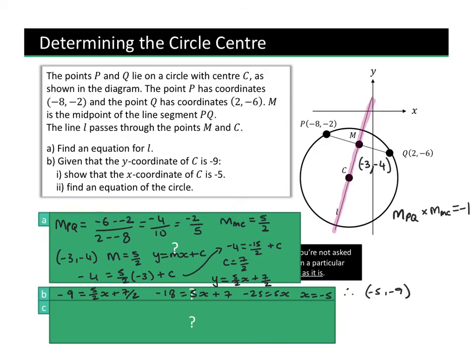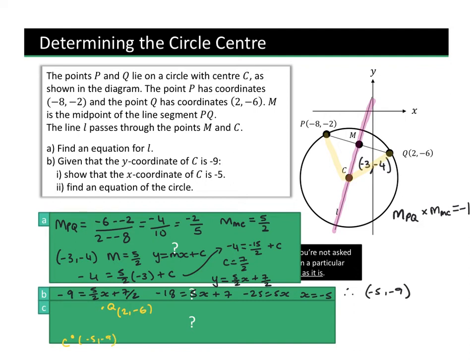We know we've got a point on the circle, and now we've got the centre. So we know that C to Q would give us the radius, or C to P would give us the radius. So if I just do C to Q, we know Q is 2, minus 6. We know C is minus 5, minus 9.